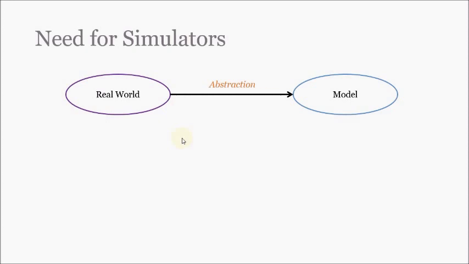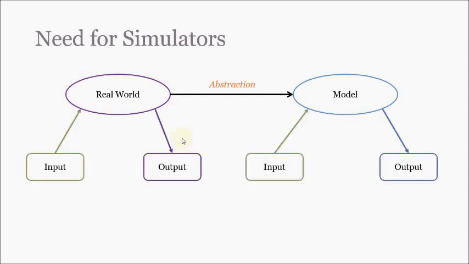So let us see an input-output relationship between the real world and the model. We apply the same input, represented in the green box, to the real world as well as the model. And we receive some output, represented in the violet box, from the real world, whereas the model's output is in the blue box.